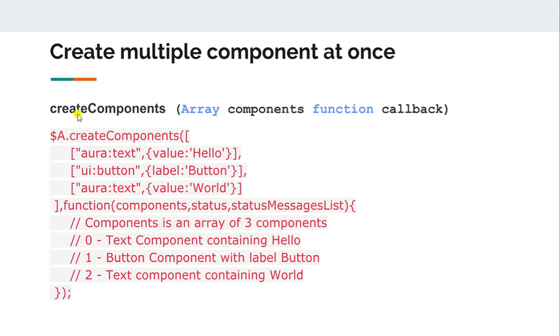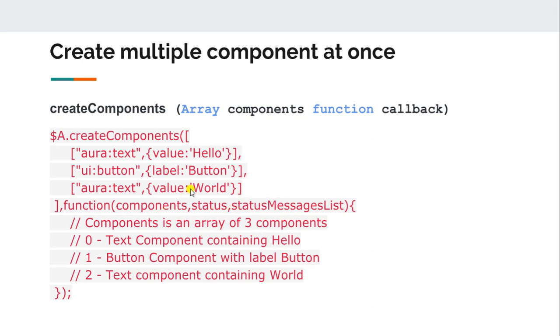Here the createComponents method takes only two parameters, an array of components and a callback function, and the callback function will itself take three parameters: components, status, and messages list. That means this status messages list will contain the messages for each component. Let's say two components are successfully created and this one has some failure reason. So this message list will contain three messages, two for success and the third one for the failure message.